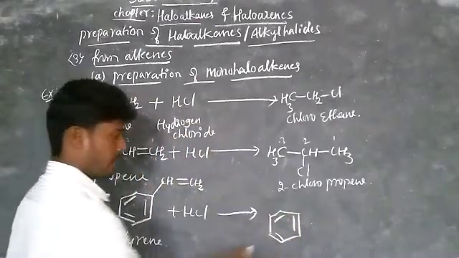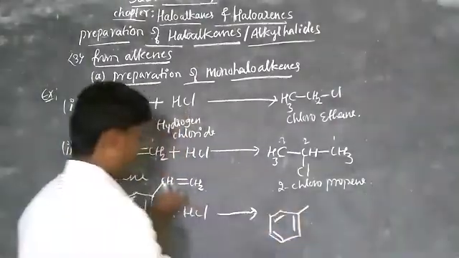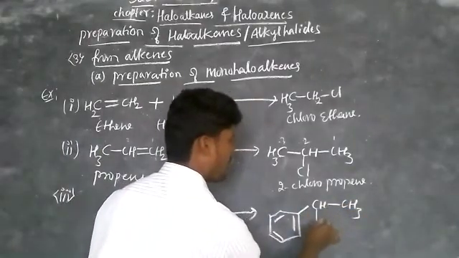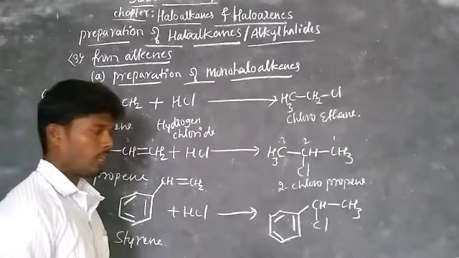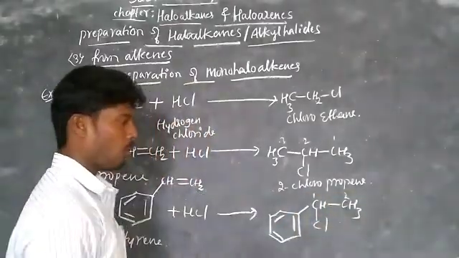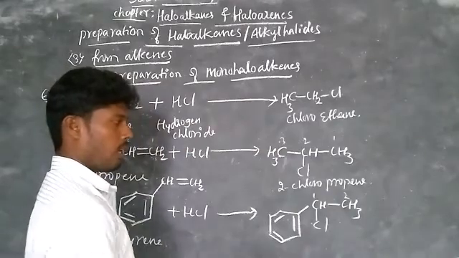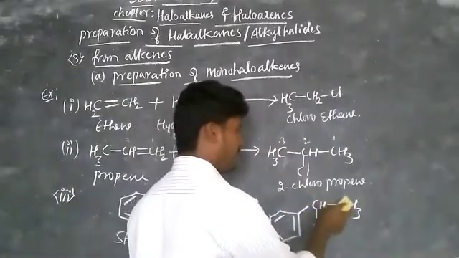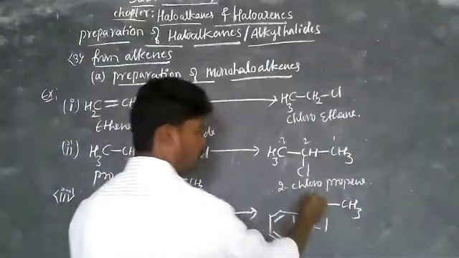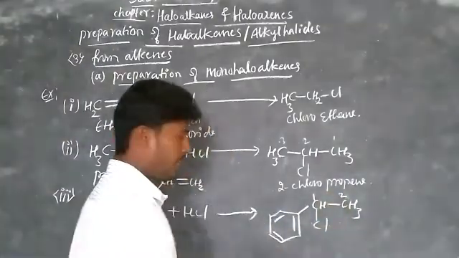Benzene bonded to CH, bonded to CH3, with the carbon containing chlorine. Okay, now give numbers 1, 2. This is the longest parent chain.